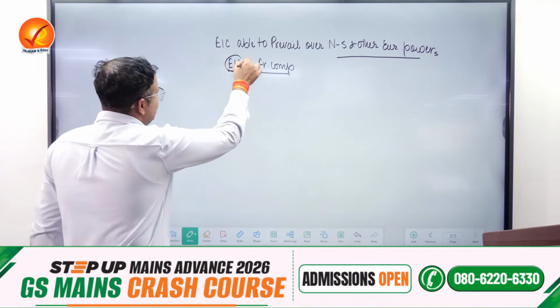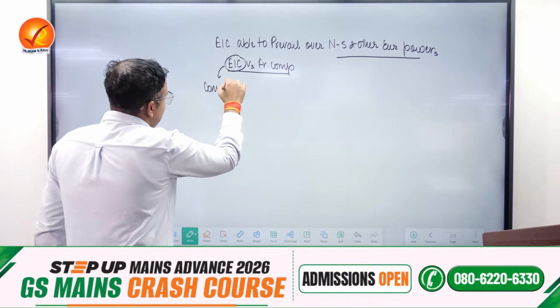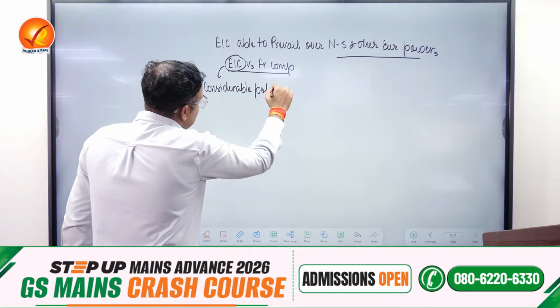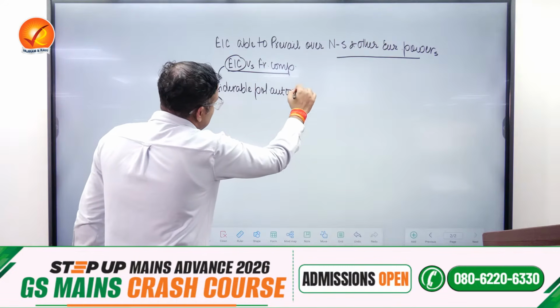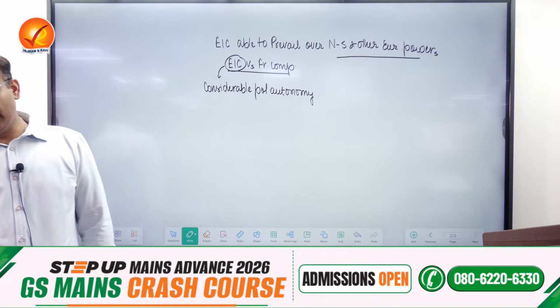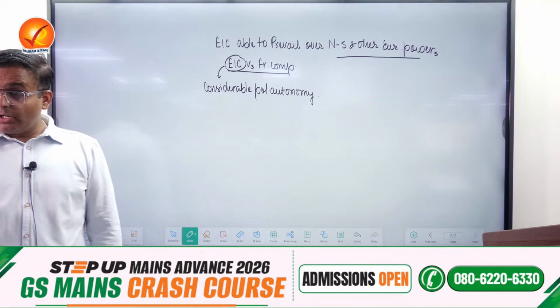First of all, the East India Company enjoyed considerable political autonomy. Yes, they were a chartered company, but the British Parliament did not interfere in their operations.